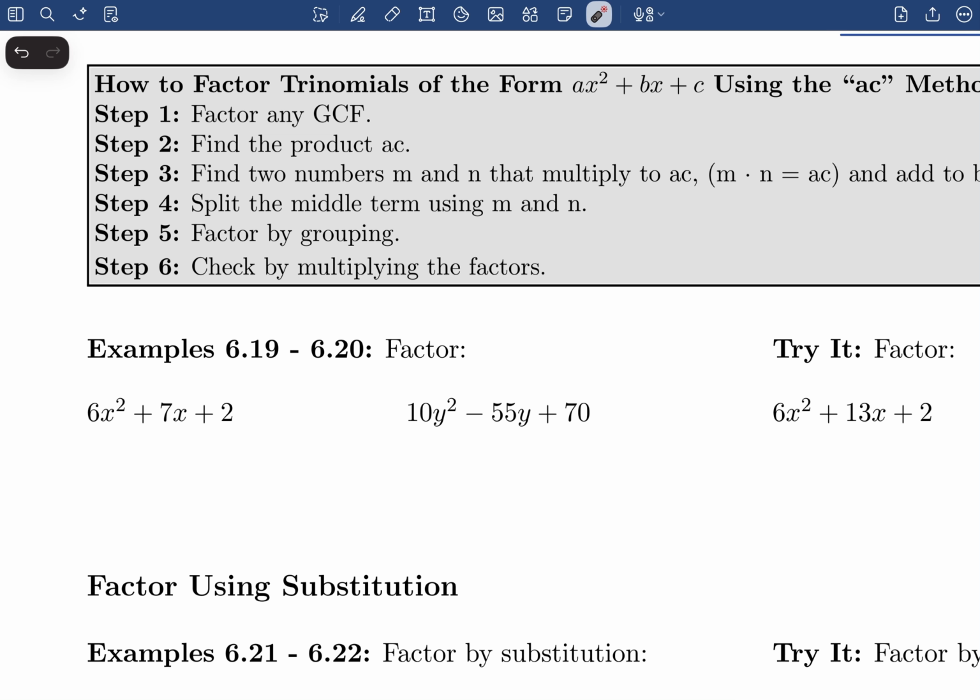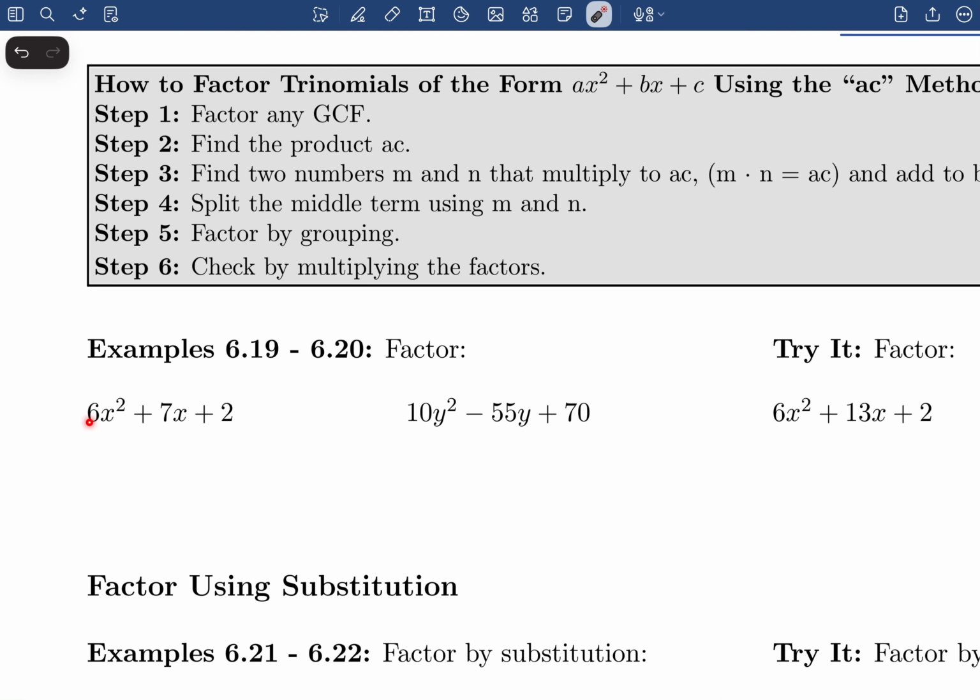So first I look at the trinomial. I notice it's in descending powers of the variable x. And I also notice that there is no GCF. There's no greatest common factor of 6x squared, 7x, and 2. So I'm moving straight on to step 3. All right, so we're going to find numbers m and n that multiply to make a times c.